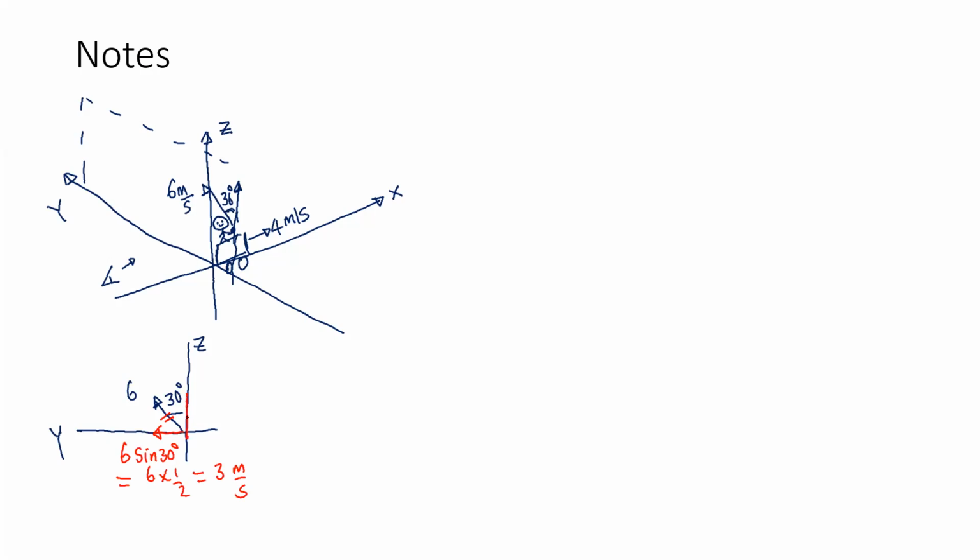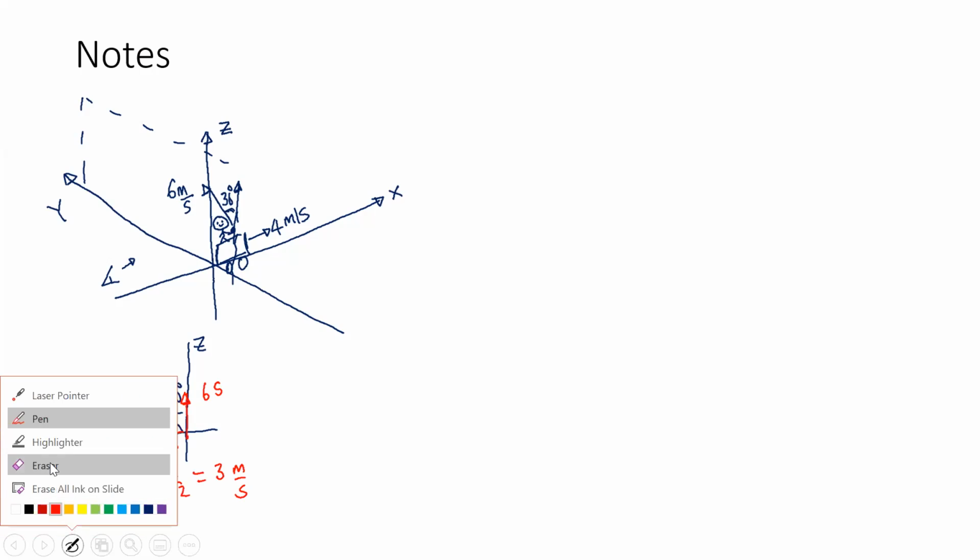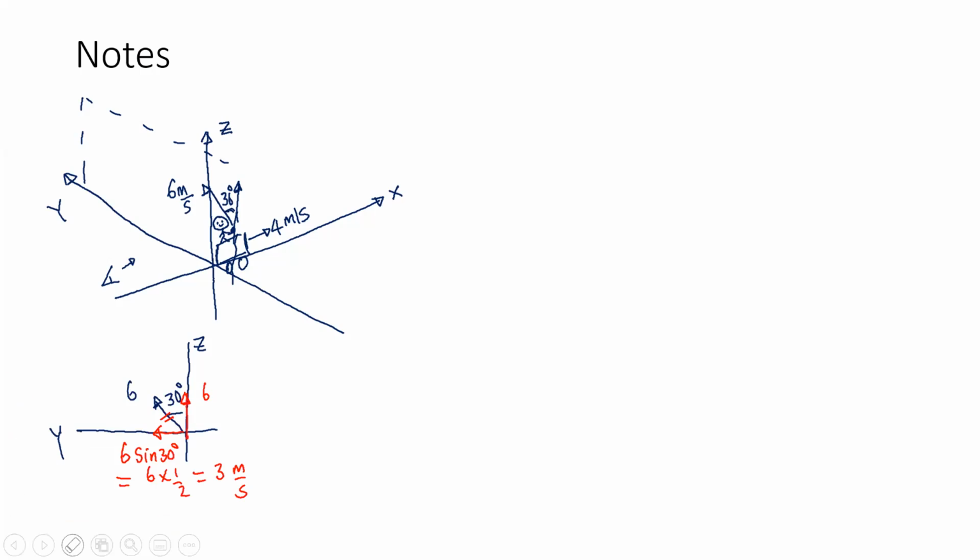Now vertical velocity is 6 cos 30 degrees. Sorry about that, that's cos. So cos 30 degrees is root 3 by 2.